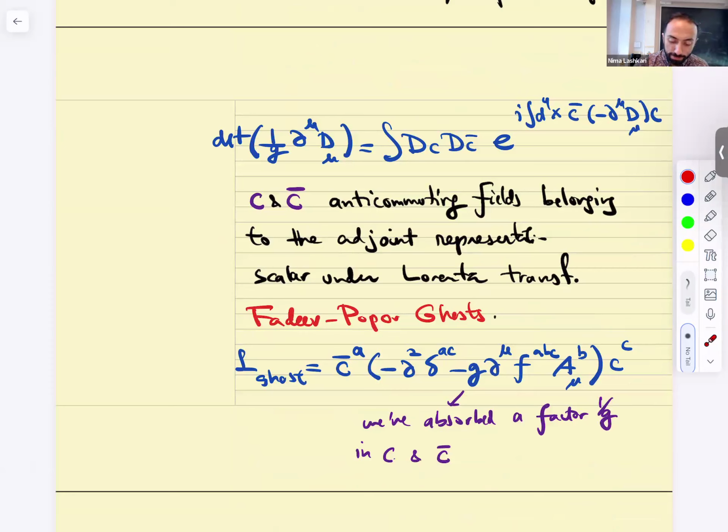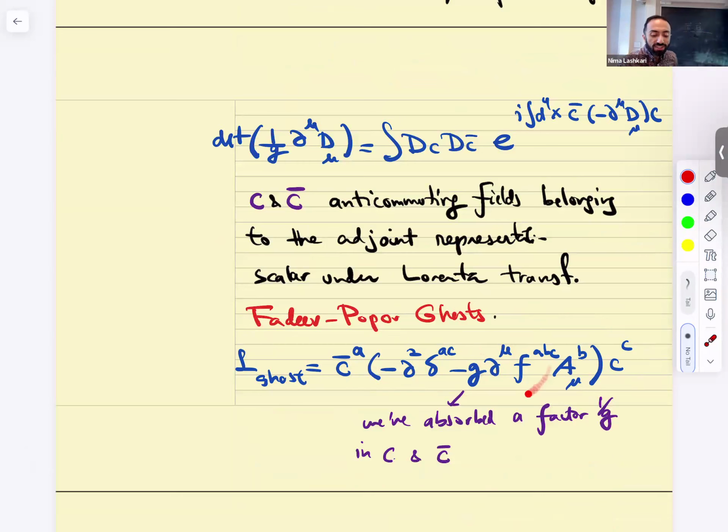Let's expand this. This is c-bar^A times minus del squared, del squared, del A C. So it's diagonal in those labels. Minus g del_mu f^ABC.